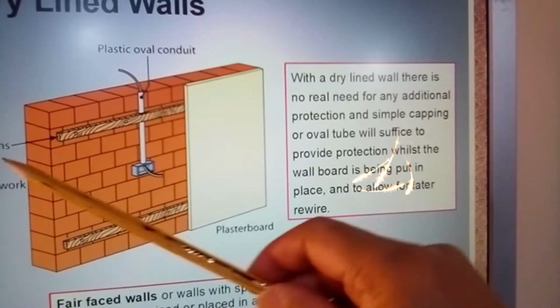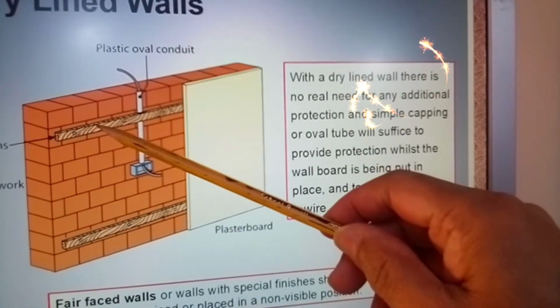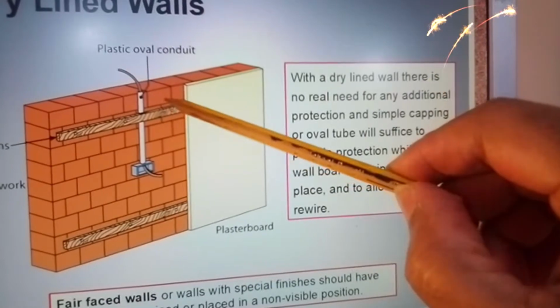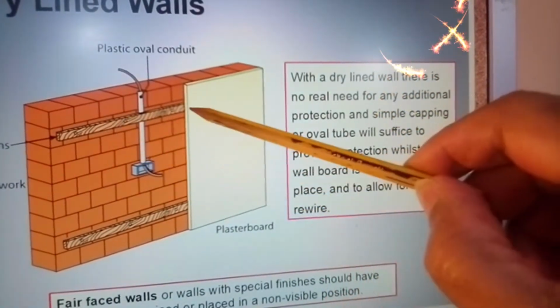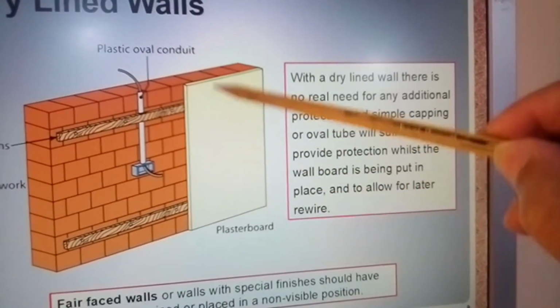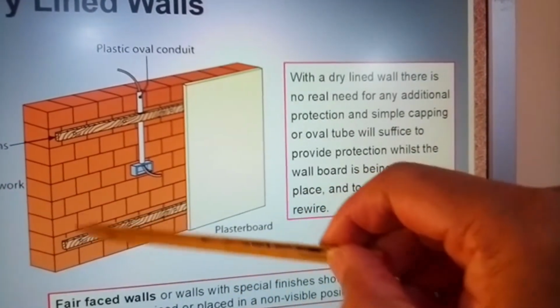Oval conduit. Laps. Okay, laps. These are, well, I just call them slabs. These are fixed against the concrete wall, screwed in, and these act as the support to hold your plasterboard in place. Okay, this is your brickwork.